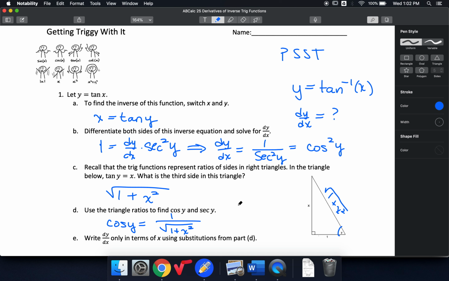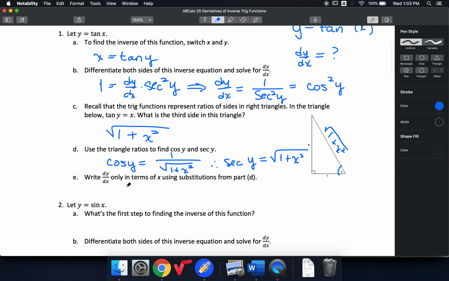So that tells me that secant of y is 1 over this, but of course 1 over that is just going to flip over and be root 1 plus x squared. Also, I know secant of y is hypotenuse over adjacent rather than adjacent over hypotenuse. So now I know my secant y, and I know cosine of y is 1 over root 1 plus x squared.